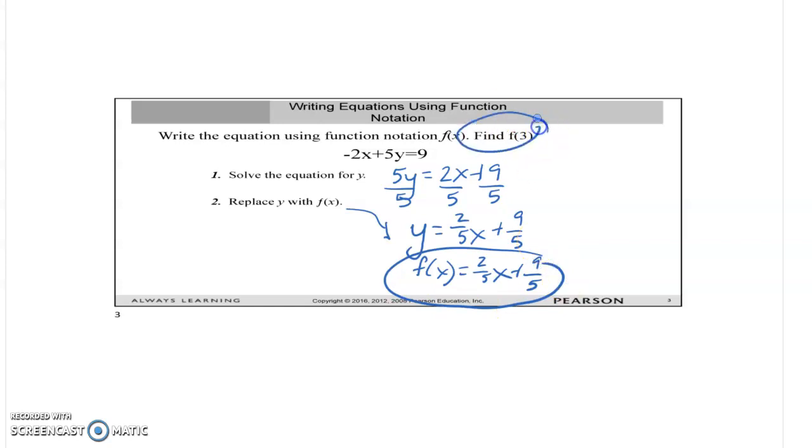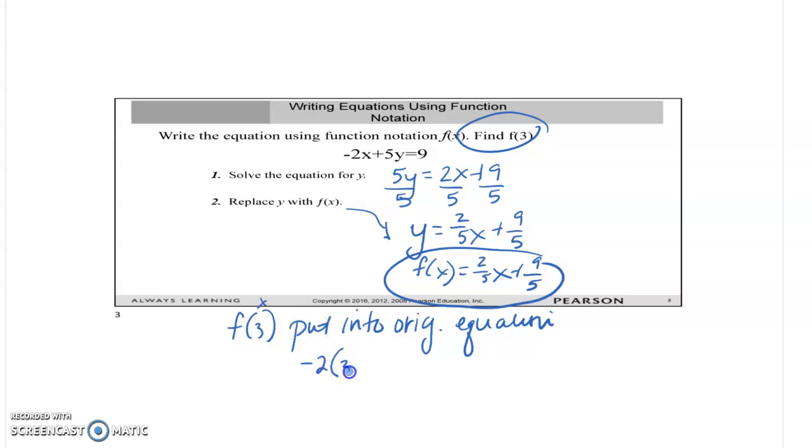Now it wants me to find f of 3. Remember, this is x. I'm going to go back into the original equation. So I'm plugging in 3 for x.